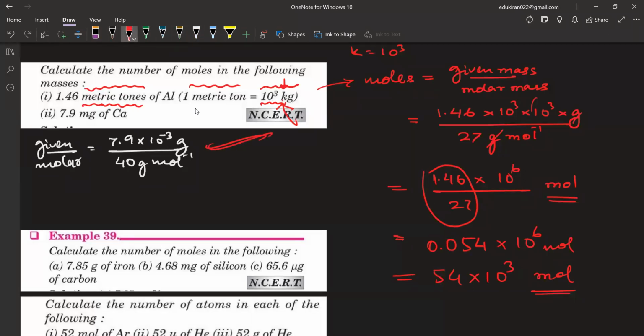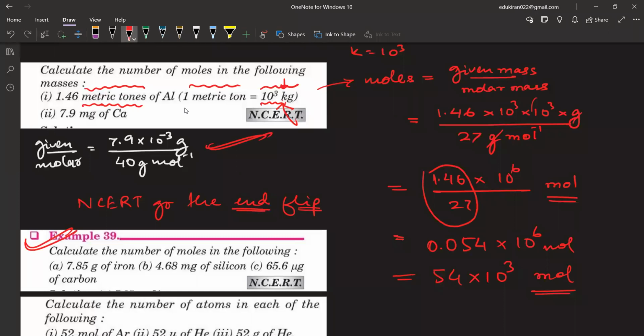Now you can calculate this part. 7.9 into 10 to the power minus 3 upon 40. Okay, this question is also same. Now, if you want the molar mass of any element, then in your NCERT, go to the end and flip some pages here and there.